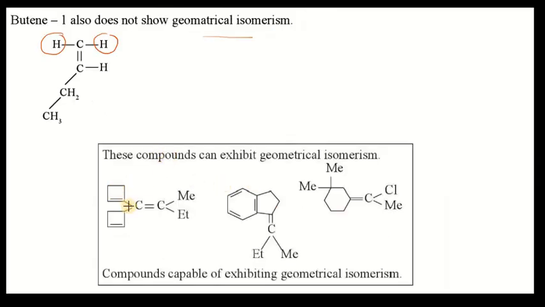But here the double bond is present for this carbon, while for this carbon there is no double bond. So the groups are different, then it is possible.